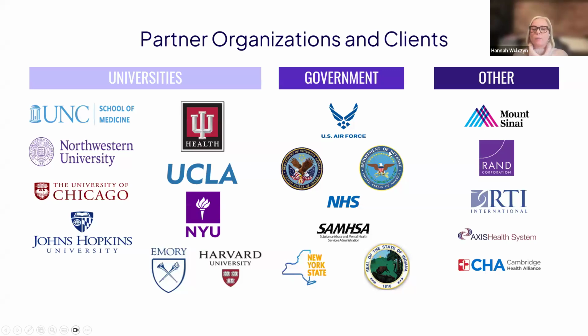So the next slide represents the breadth of the CAT-MH's user base. These logos all represent universities, government organizations, and many other types of organizations that have partnered with Adaptive Testing Technologies to use these tools and to develop some of the modules that have come out of the development of the CAT-MH.